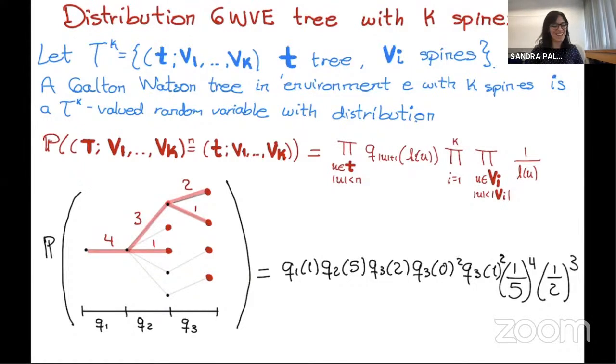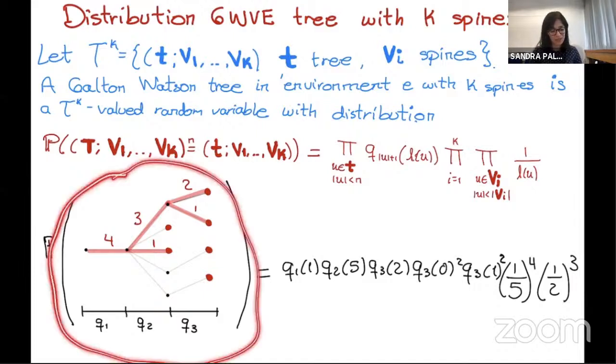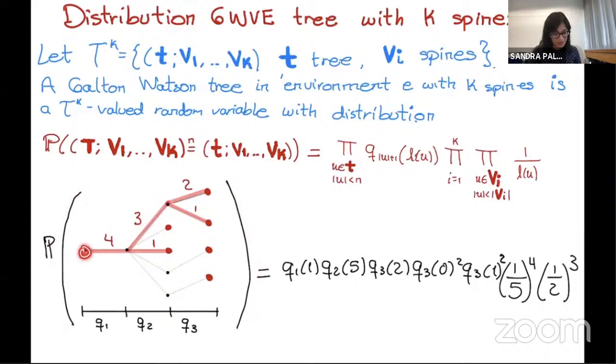So what happens with the picture that I had before? What is the probability of obtaining this specific tree? Well, the first individual only has 1 child, and I have that with probability Q1 of 1. This individual has 5 children, and I have that with probability Q2 of 5.